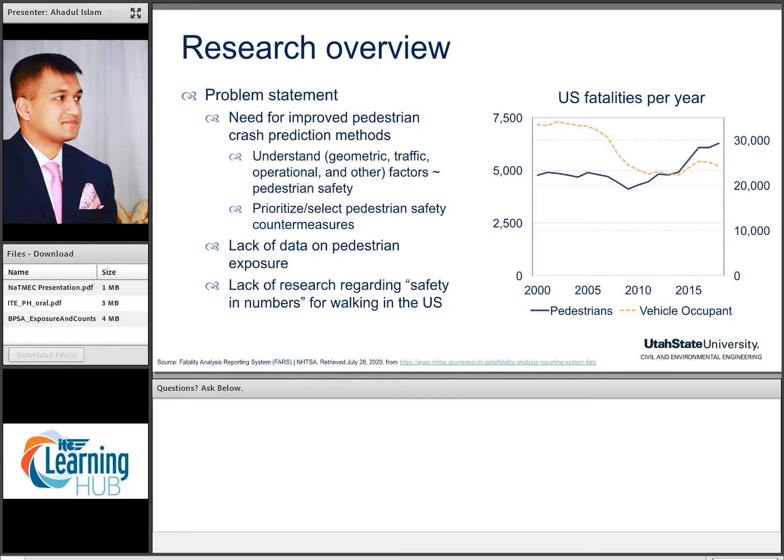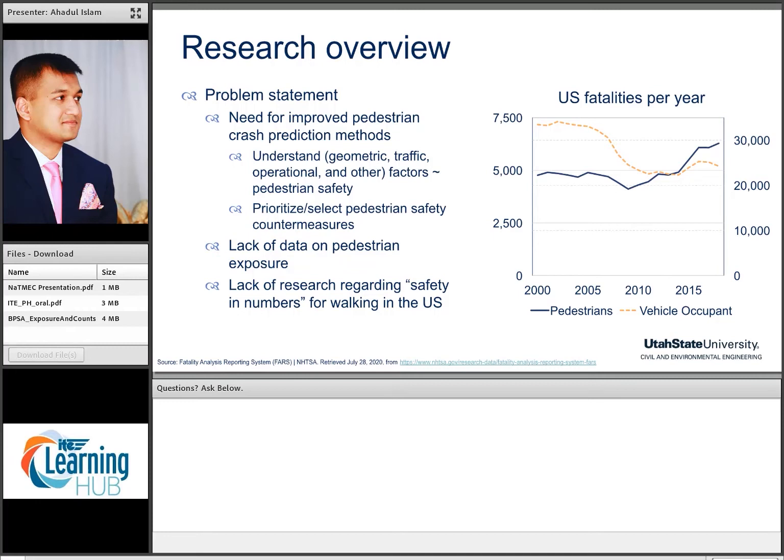This scenario creates an increased need for improved pedestrian crash prediction methods to understand factors affecting pedestrian safety and prioritize safety countermeasures. Typically, the biggest barrier to overcome for pedestrian safety analysis is the lack of more robust data on pedestrian exposure. We are using pedestrian volumes from push-button based measure of exposure as our exposure.